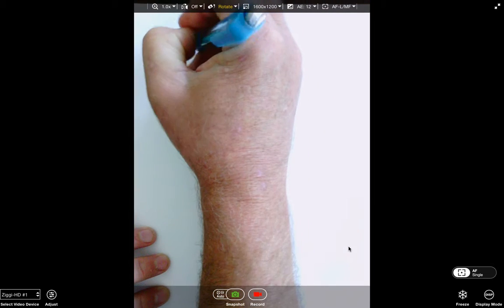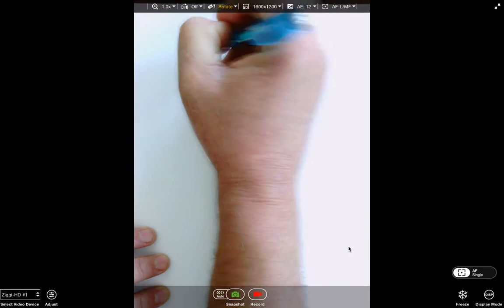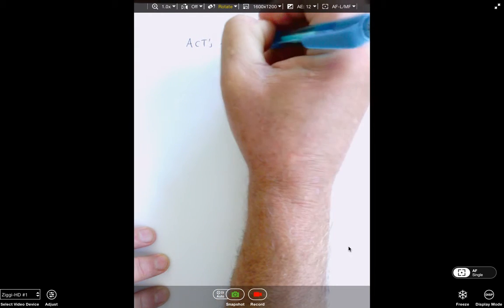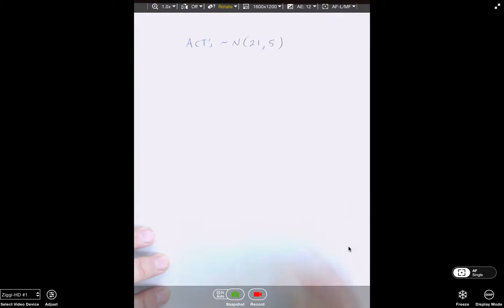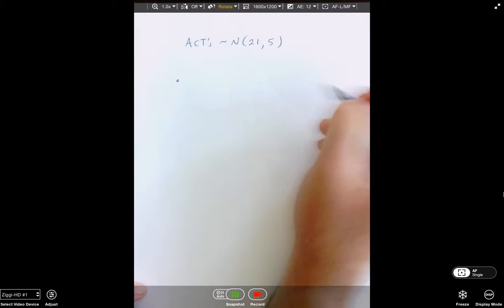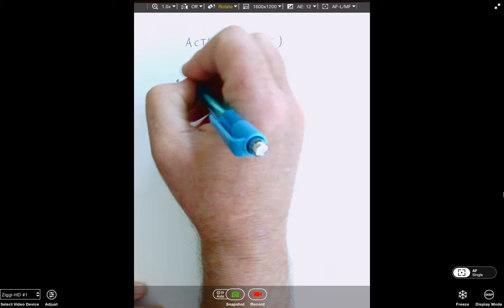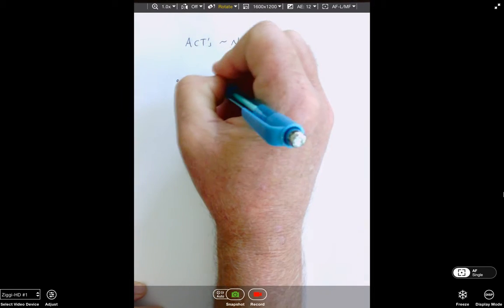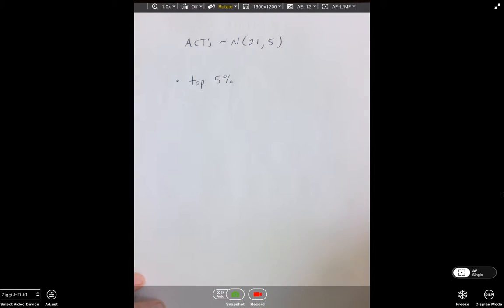let's say that ACTs form a normal distribution with a mean of 21, standard deviation of 5. So let's shift that up a little bit to get closer to what it currently is in 2014, 2015. And let's say that a highly prestigious university will only consider applications in the top 5%.